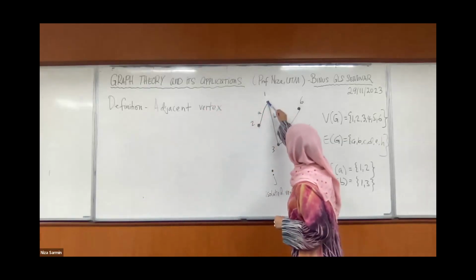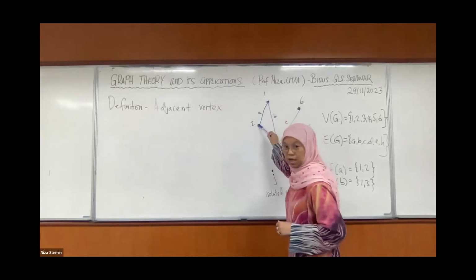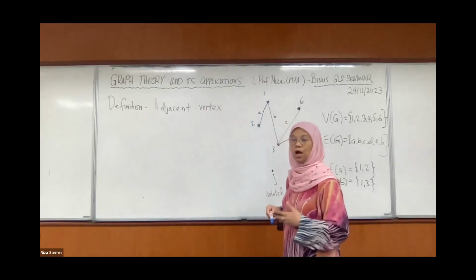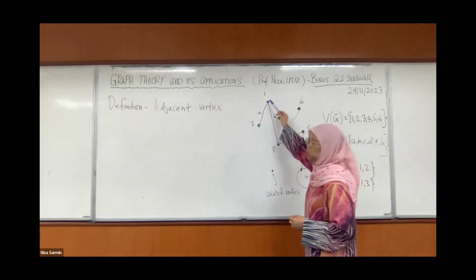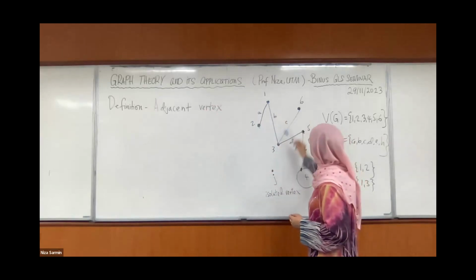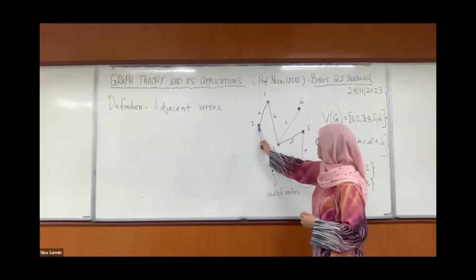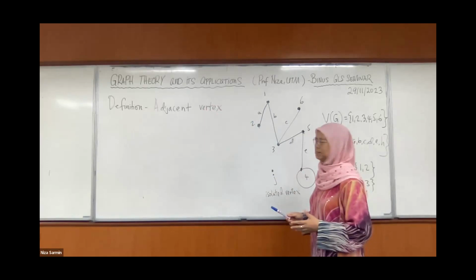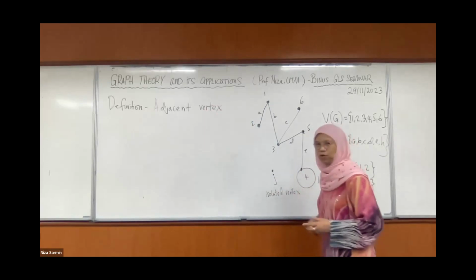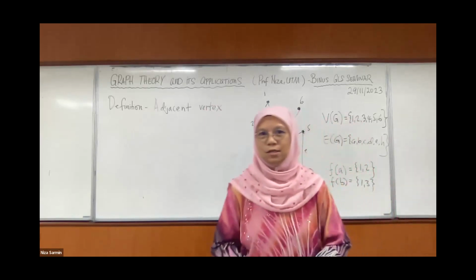Like 1 and 2, that's an edge, so 1 and 2 are adjacent. 3 is adjacent to 1, 6, and 5. 2 and 3 are not adjacent. 3 and 4 are not adjacent.